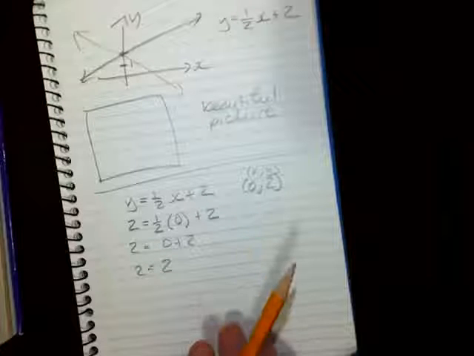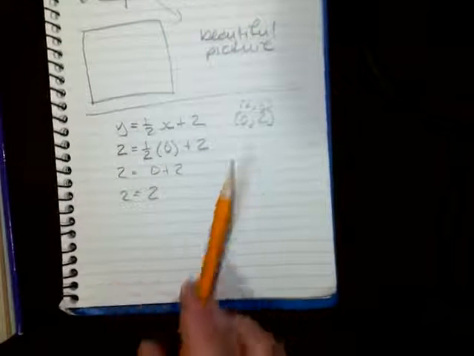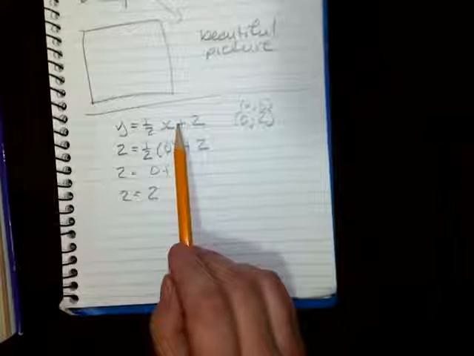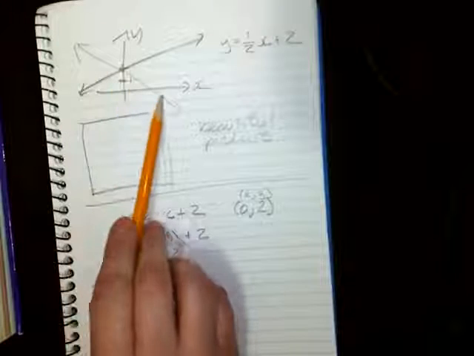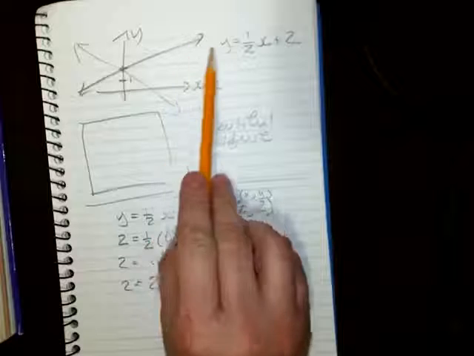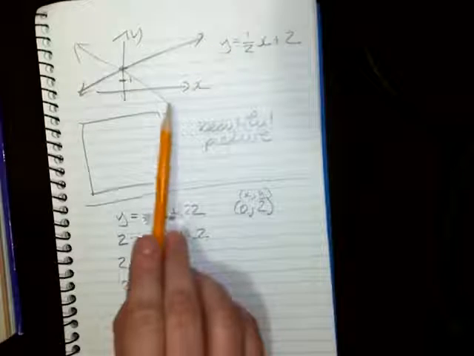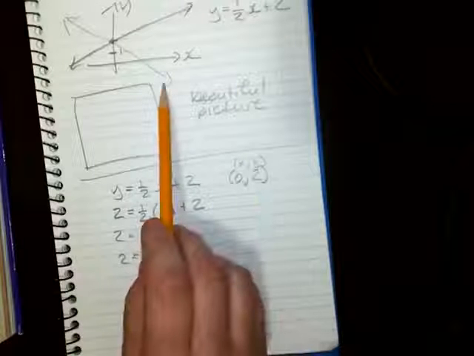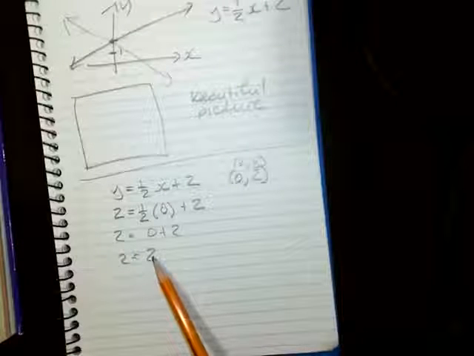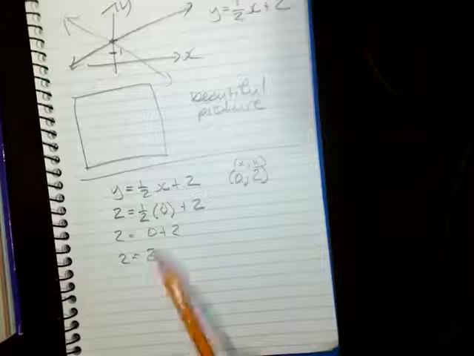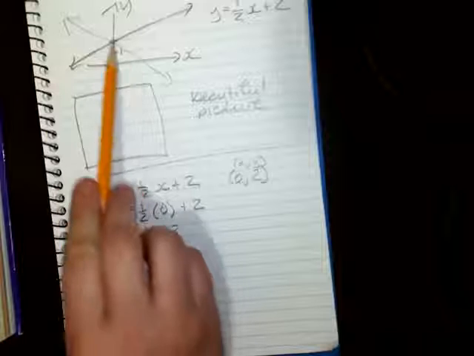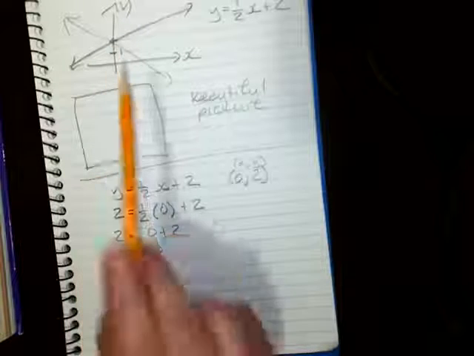If we do this work and we see that this is a point on this line, and we're given the equation for the other line, and we see that when we plug the point (0, 2) into this equation the left side equals the right side, then we would know that if it's a point on this line and a point on that line, then it must be the point where the two lines meet.